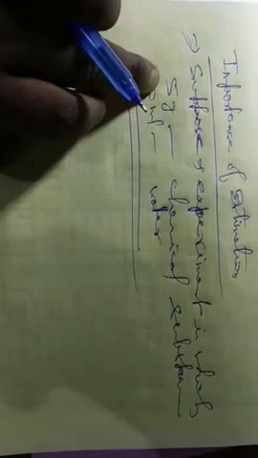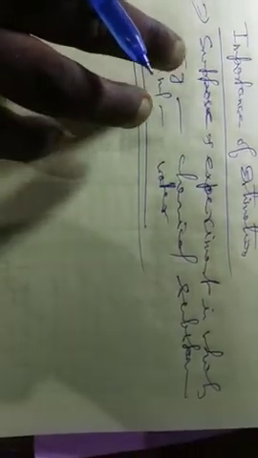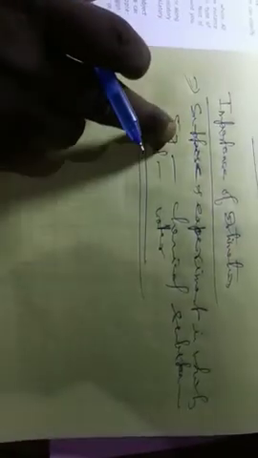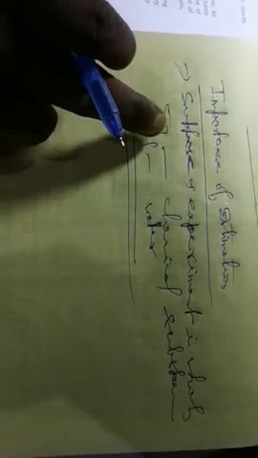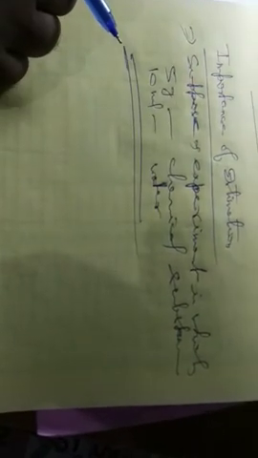If in place of 5 gram, that scientist takes 5.1 gram or 5.2 gram or 4.9 gram, then that experiment is not right. That experiment may be wrong. Why?